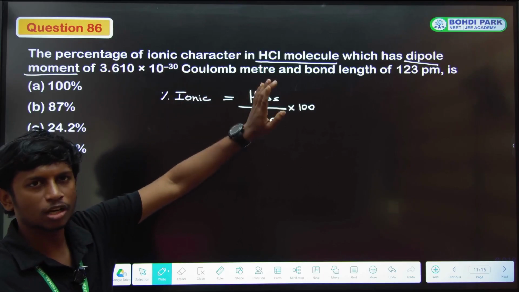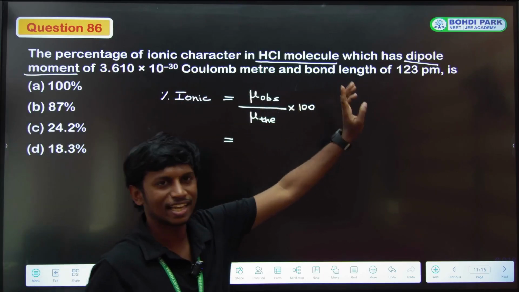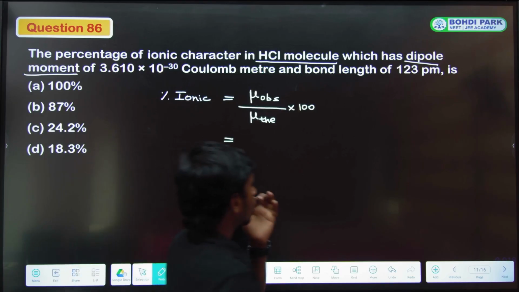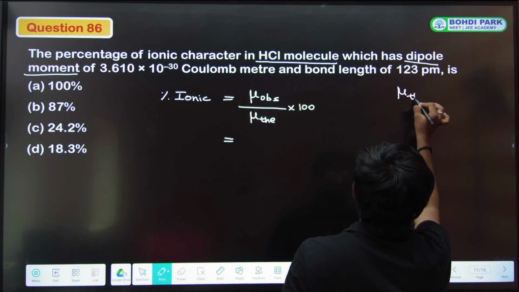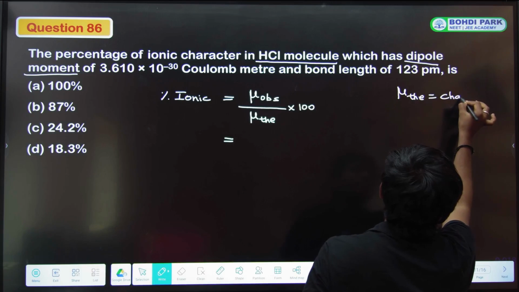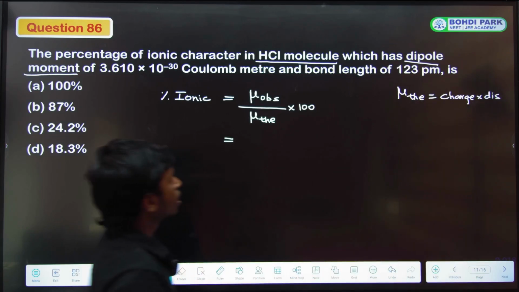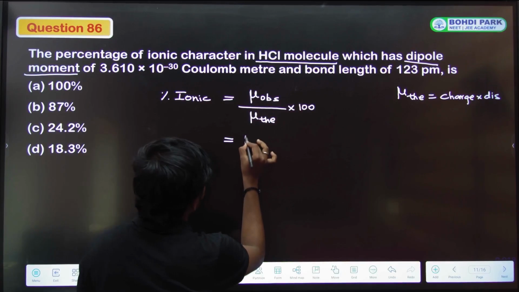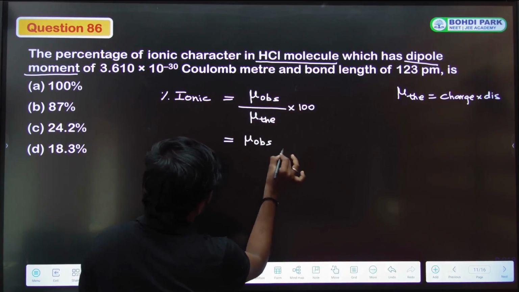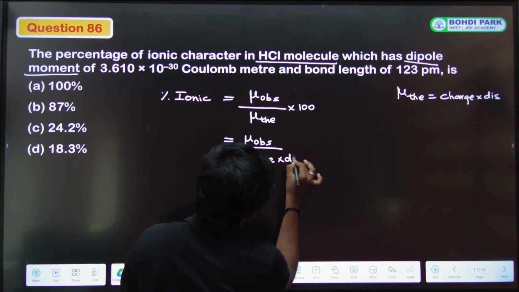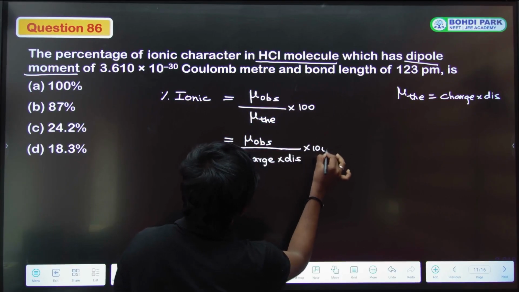Have they given the theoretical one? No, but they have given us a length, so we can find the theoretical dipole moment. The formula for the theoretical dipole moment is charge into distance. So we can rewrite it as mu observed divided by charge into distance, into 100.